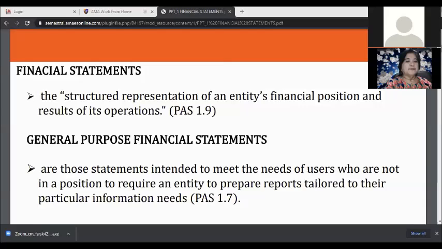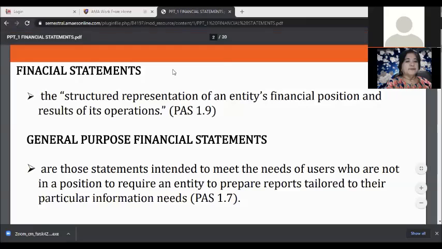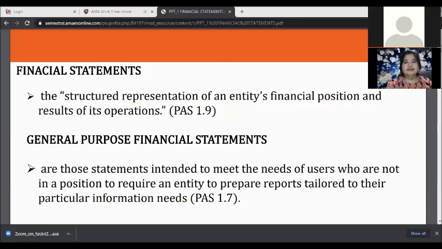So, to your simple view, as accounting students, users, as we have been saying plenty of times, can be within the company and outside the company. Meaning the management, the owner of a certain business establishment will be very much interested to know what is the position, what is the condition of the business operations.